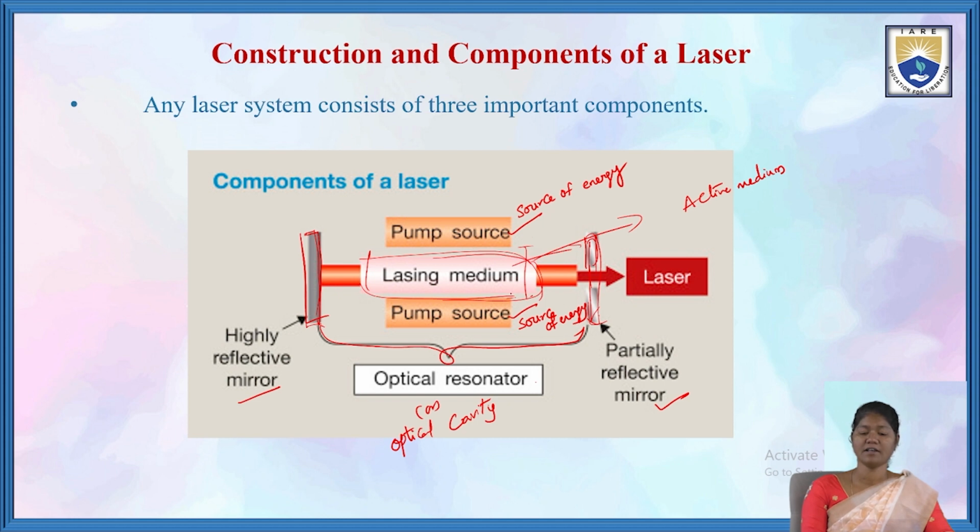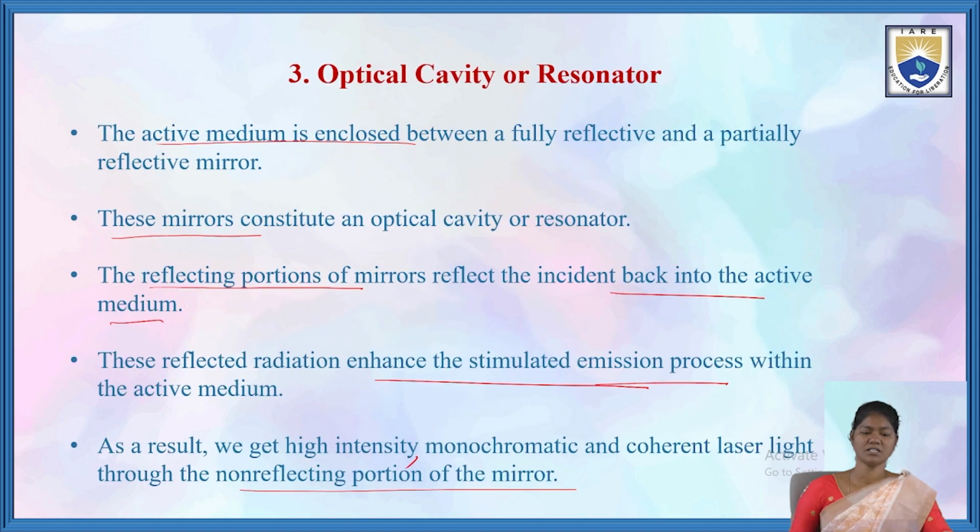After that, at high intensity they come out from the partially reflective mirror. So the active medium is enclosed between the fully reflective and partially reflective mirrors.